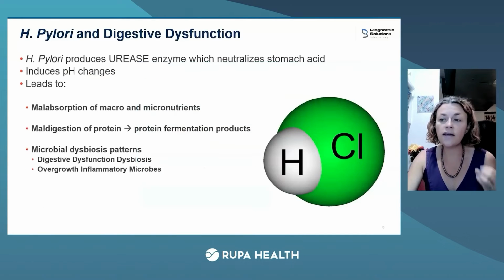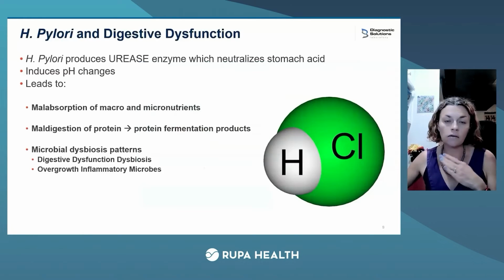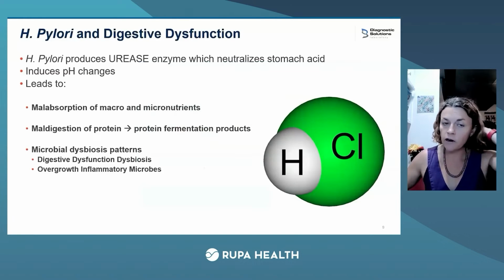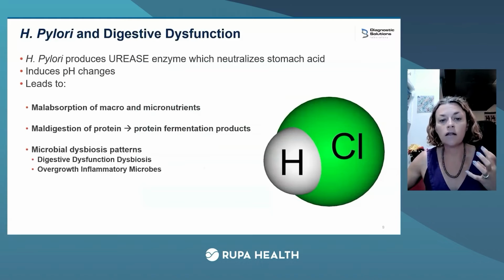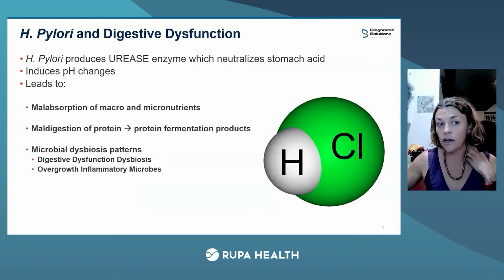One of the biggest themes that we educate on with the GI map, and dots we connect in terms of functional GI health, is the ability of H. pylori to produce this enzyme called urease, which produces ammonia, which can neutralize stomach acid and induce pH changes in the GI tract. And stomach acid is a really important part of normal GI physiology.